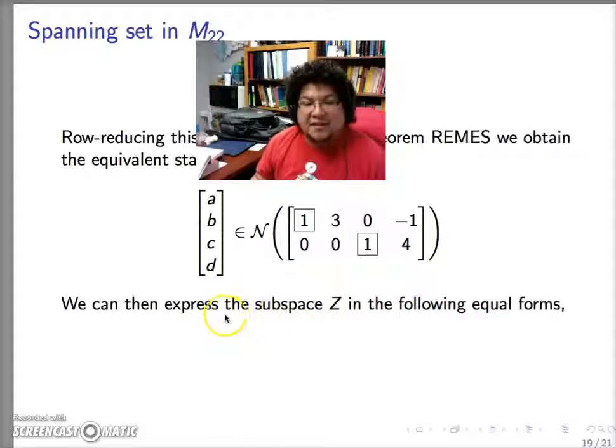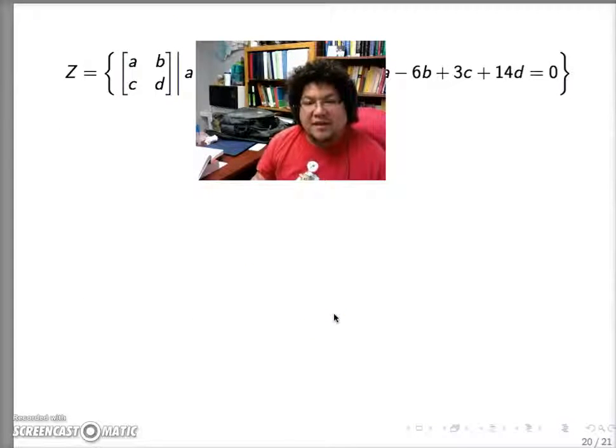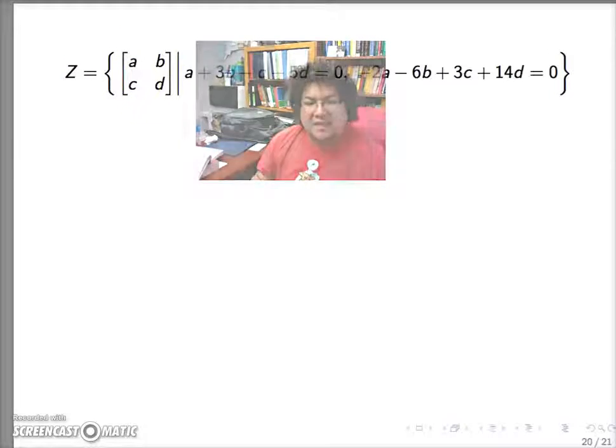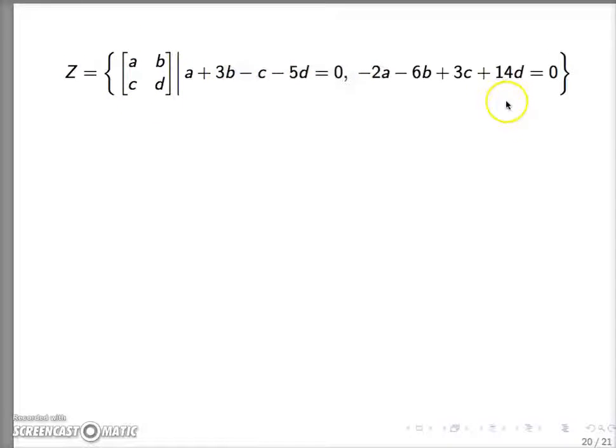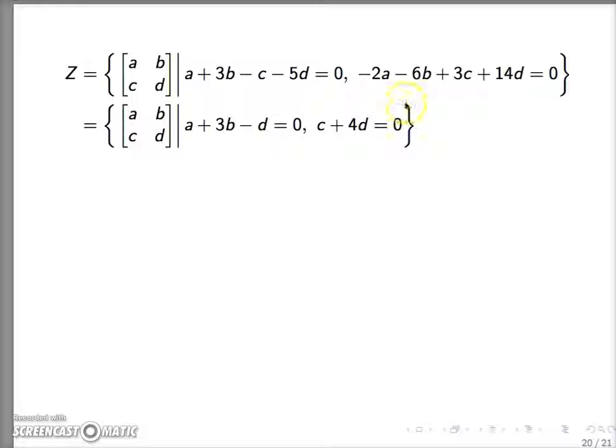Okay, so we can use this to express the set Z. Let's review this. Z is made of matrices that satisfy these two equations, but because of that RREF calculation, those entries defined in a vector for which these equations are satisfied are also entries that would satisfy the equations involving the RREF of the previous matrix.